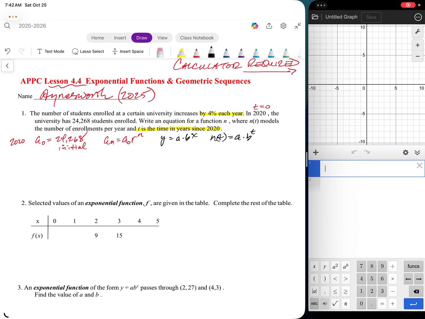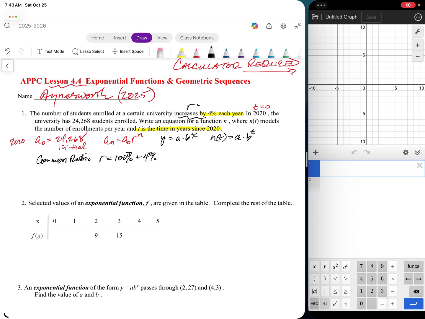Now, if it increases 4% per year, the common ratio is greater than 1. So let's talk about your common ratio, your growth factor. That's r. So r is greater than 1: 100% plus the growth of 4% each year, so it increases.